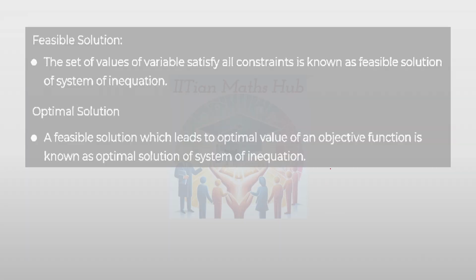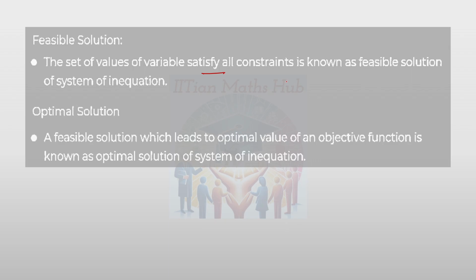Now feasible solution I have also covered. The set of values of variables that satisfy all the constraints is known as a feasible solution of the system of equations. And then what is the optimal solution? See, feasible solution and optimal solution are different. The feasible region is where you will be getting the feasible solutions from the points.